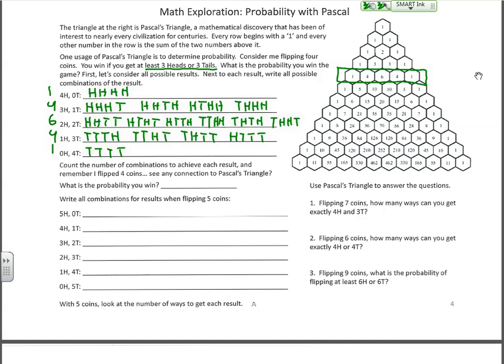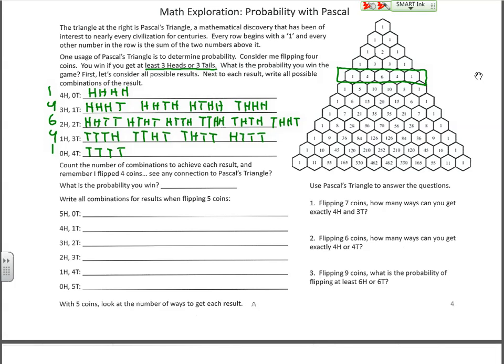Okay, so now back to the original question, because in order to calculate probability, what do you need? You need successful outcomes and possible outcomes, right? That's what probability is, success over possible. So is it a successful outcome, if your goal is to get at least 3 heads or 3 tails, is 4 heads and 0 tails a win for you?